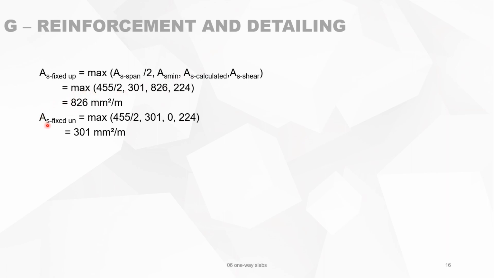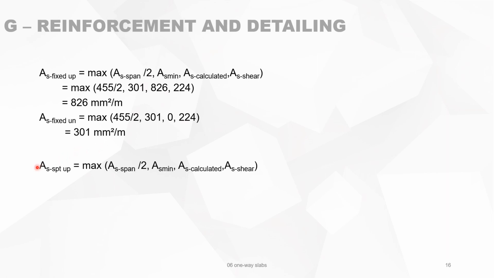On the bottom of the slab, near the end where it is fixed, we do the same calculation. It is half of the reinforcement of the span. The calculated reinforcement is 0 because there is no sagging bending moment there, and the reinforcement needed for shear is 224. So in total 301 square millimeters per meter. You see now the minimum reinforcement here is dominant.